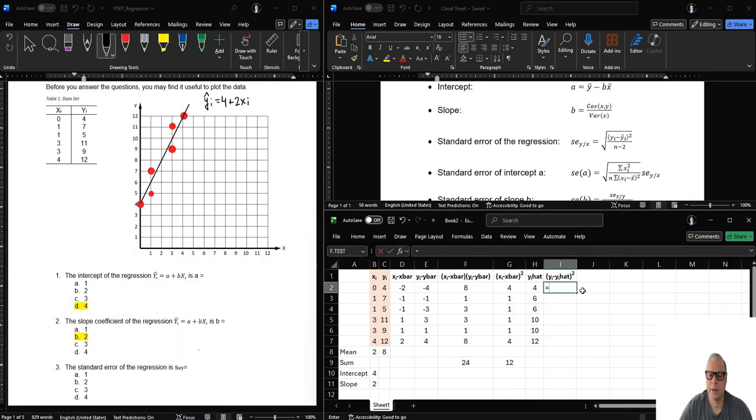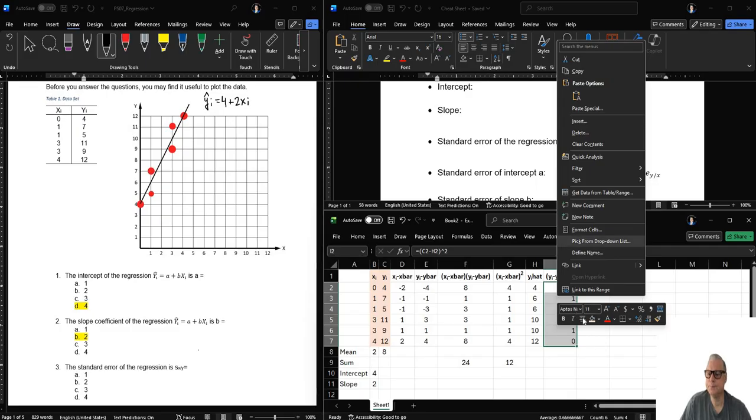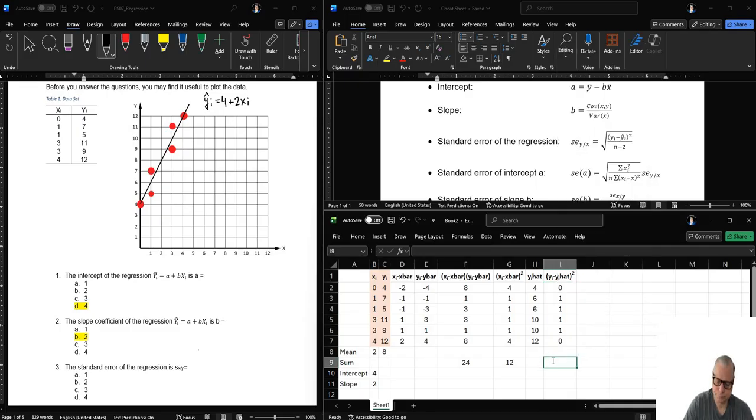So now we navigate to the first yi and we subtract the y hat and we put parentheses around and square it. So the first one is a 0, and now we copy down for the other 5 observations, and then we need to sum it up. So the sum is 4.